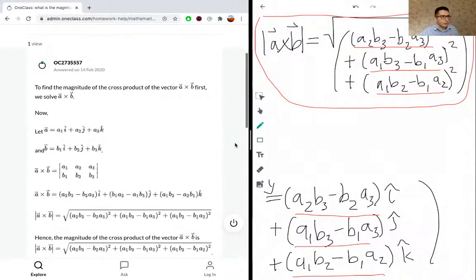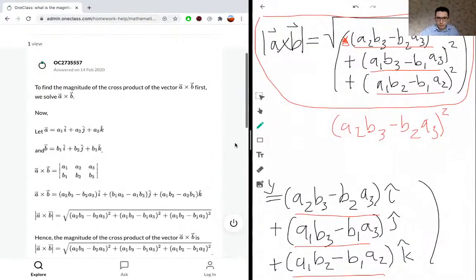I don't think you see the first portion, so the missing portion, I'll just write it out. It's the first term, A2 B3 minus B2 A3 squared. That's the first line up there, and the rest is visible on the screen.